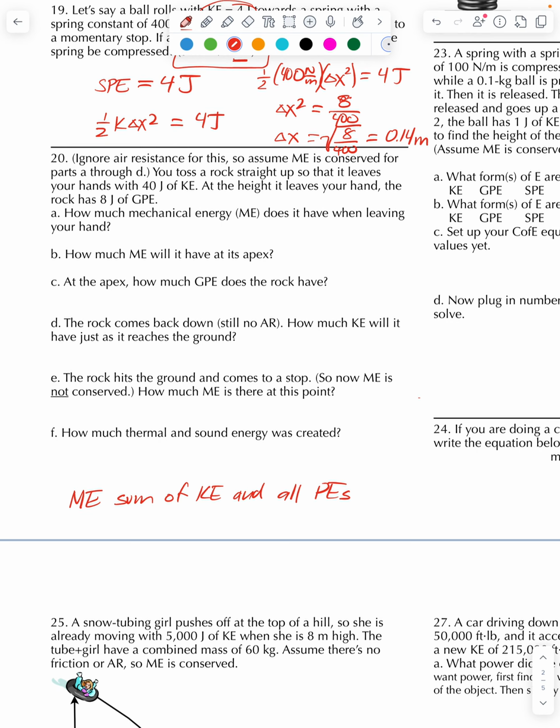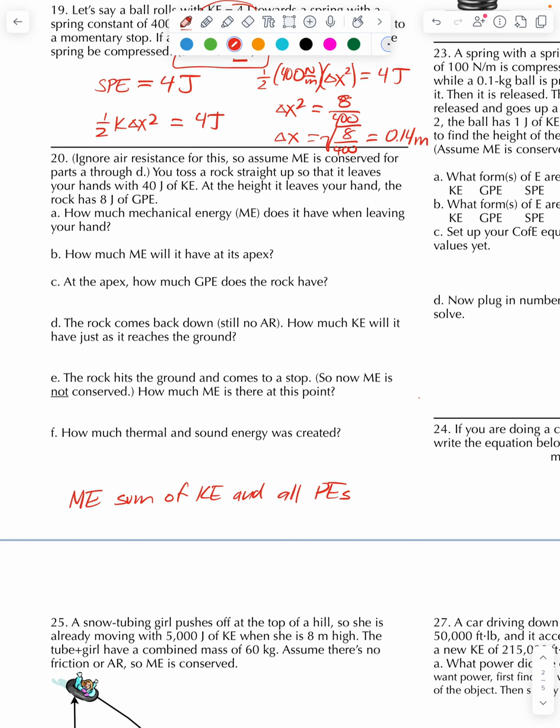So mechanical energy, if the system is left alone to its own devices, will be conserved if there is no friction, no air resistance. You only have kinetic energy turning into potential energies, and potential energies changing into each other. So the KE and the potential energies can transform into each other, but as long as there's no heat created, we would say mechanical energy is conserved.